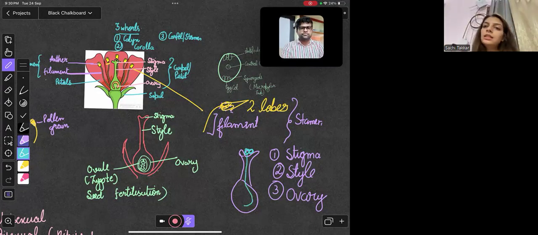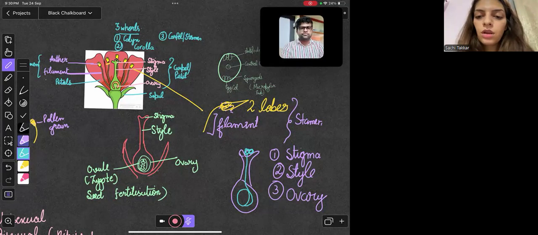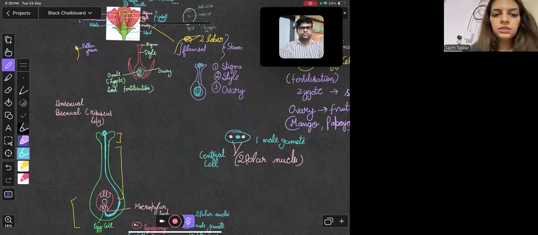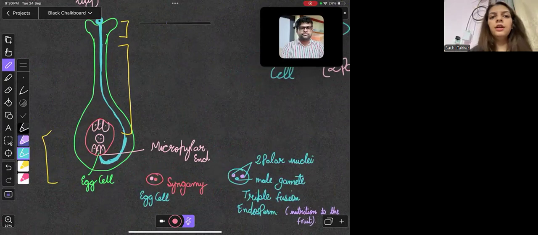Only the compatible one will germinate into a pollen tube and then enter inside the ovary. And when we see this structure inside the ovary, it will be like this.